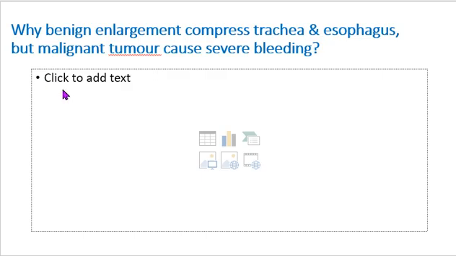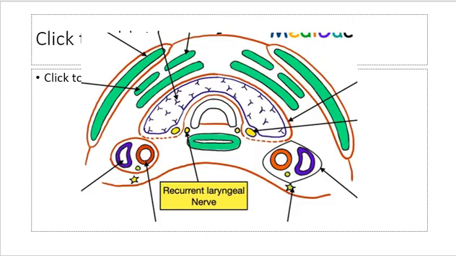Why does benign enlargement compress the trachea and esophagus, but malignant tumor of the thyroid gland cause severe bleeding? The benign enlargement of the thyroid may compress or displace its closest relations. The trachea and esophagus may be narrowed, with resulting difficulty in breathing and swallowing, and the carotid may be displaced posteriorly.